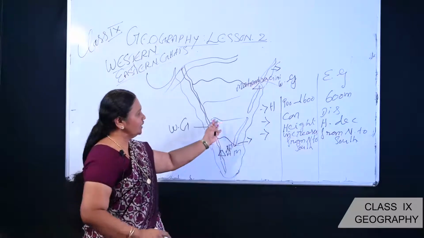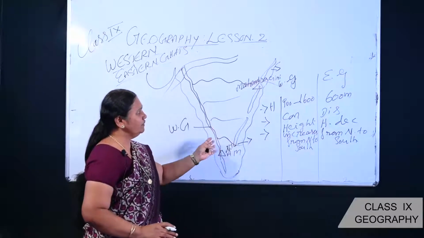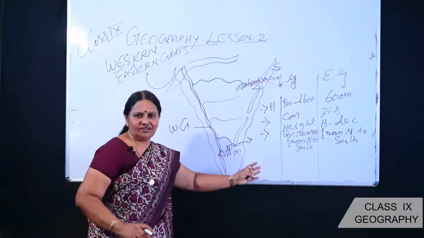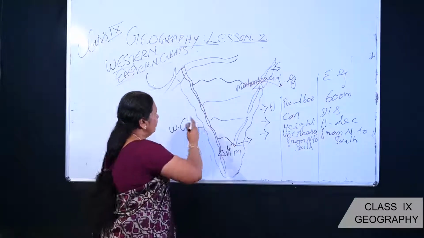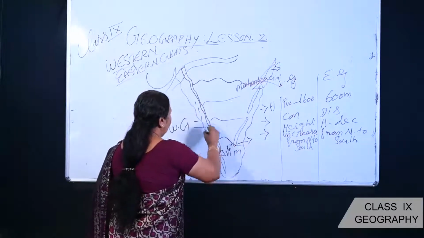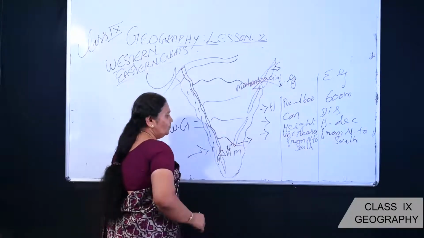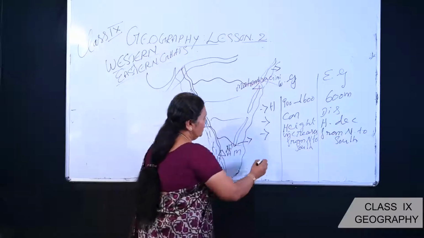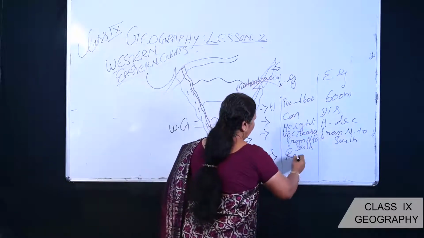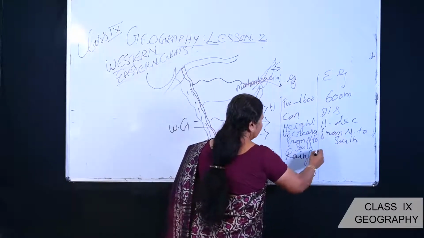So this is very important, an interesting way to differentiate between the Western Ghats and the Eastern Ghats. And very important, the Western Ghats are noted for orographic rainfall. Due to the coastal climatic condition, this area is well hit by rainfall. Here comparatively lesser.